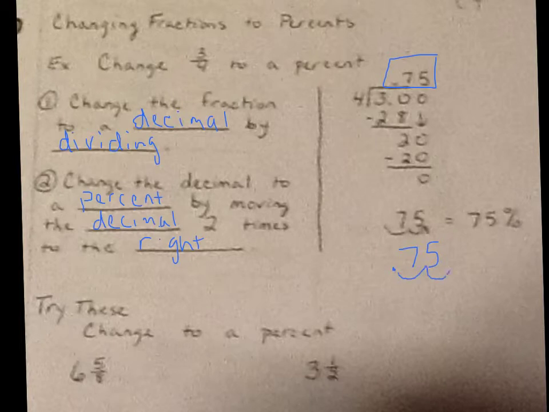We go 1, 2, and then we add our percent sign, so that becomes 75. You can put your decimal there if you want, but you don't have to. Percent, and that's how you do it. That's it. Okay, so first start out by changing the fraction to a decimal by dividing, and then once you've done the decimal, then you change the decimal into a percent by moving it over 2 times to the right. Okay, so you have some try these right there. Give those 2 a shot and see how you do.